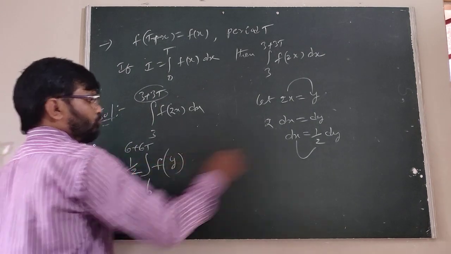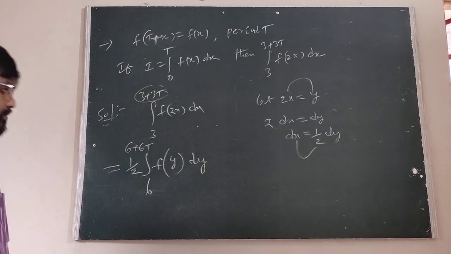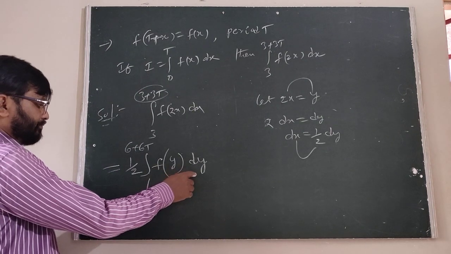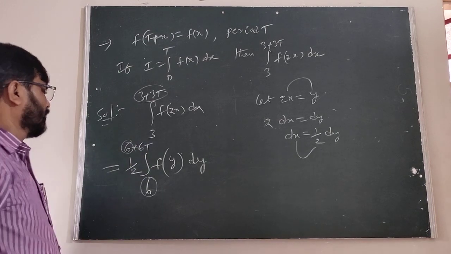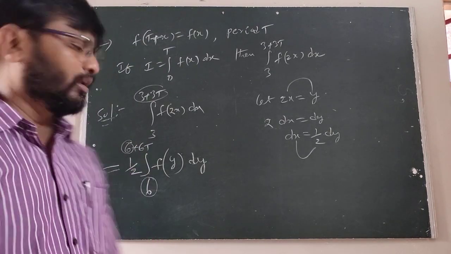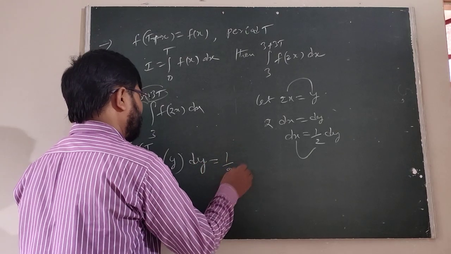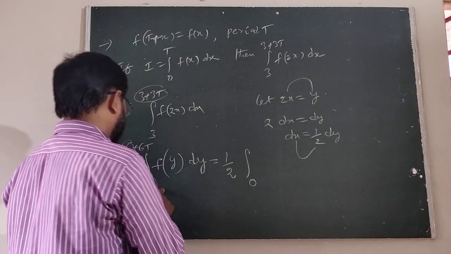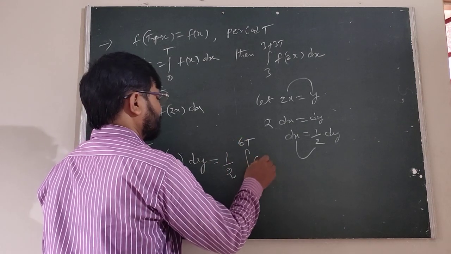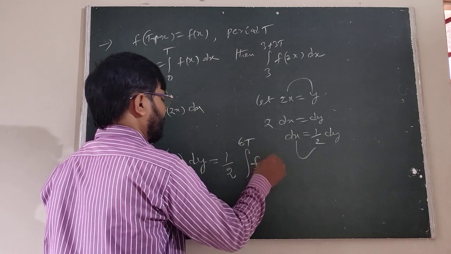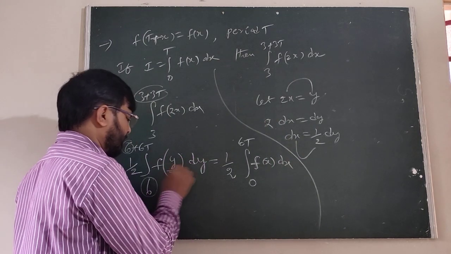So here there is f of y dy, with limits 6 and 6 plus 6t. Undoubtedly we can write it as 1 by 2 times the integral from 6 to 6 plus 6t; subtracting, the 6 cancels and we get 6t, the integral of 0 to 6t of f of x dx. Simply, you can write it by dy.